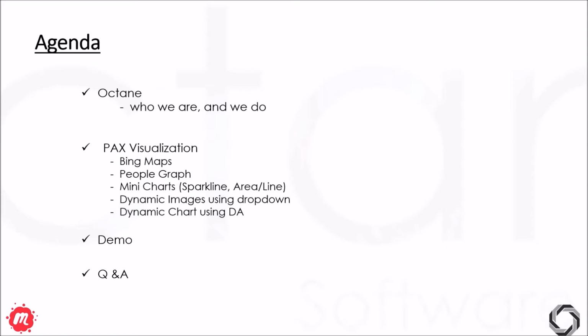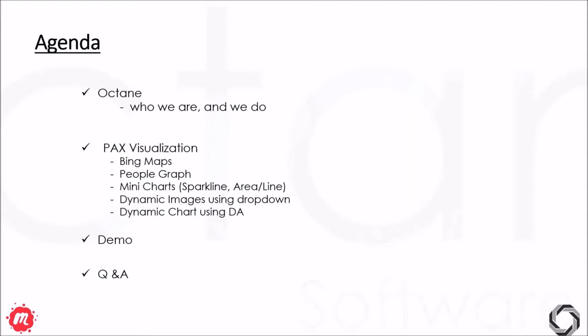As for the agenda, I'll be covering the following. I'll start off with about Octane, who we are and what we do. Then we will jump onto the main topic for today's session, where we'll be covering the Bing Maps and People Graph. These are the two Excel add-ins or apps. Then we will be moving on to creating some quick and intuitive mini charts in Excel.